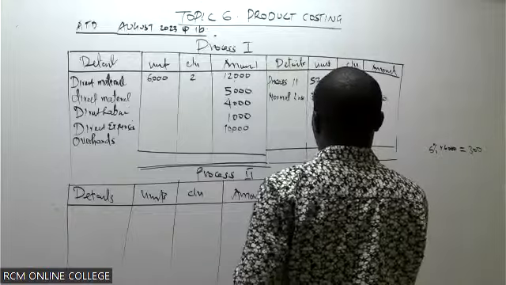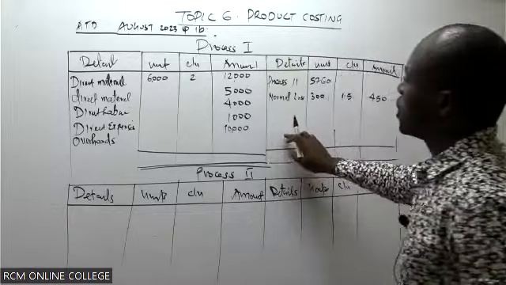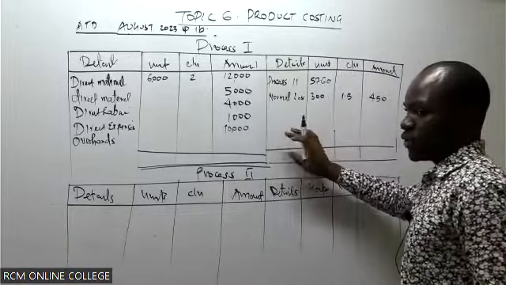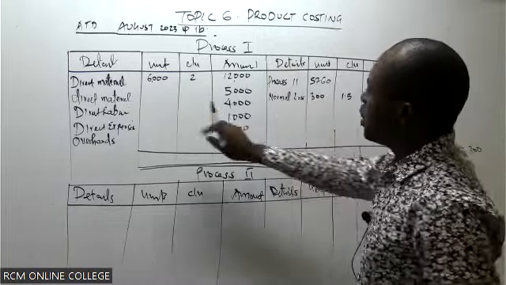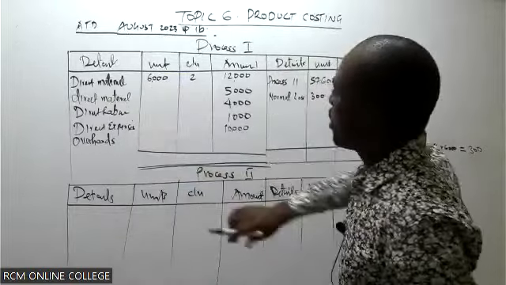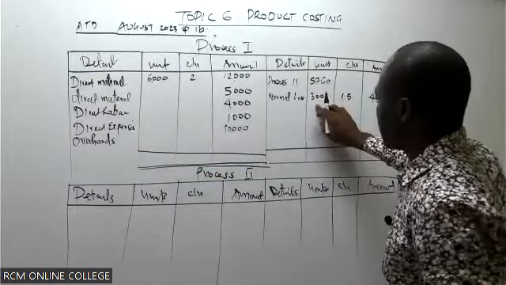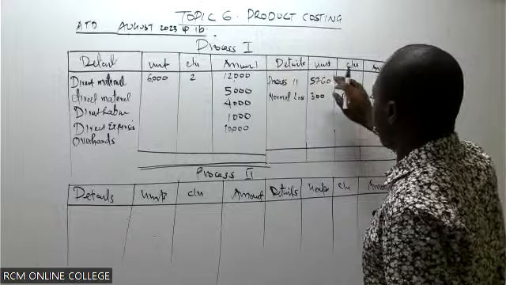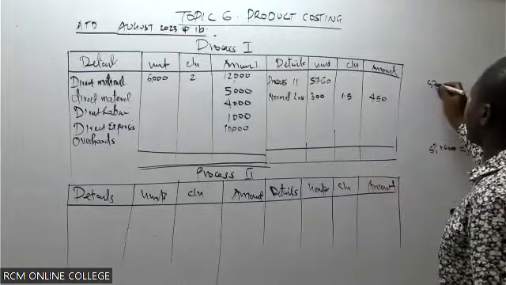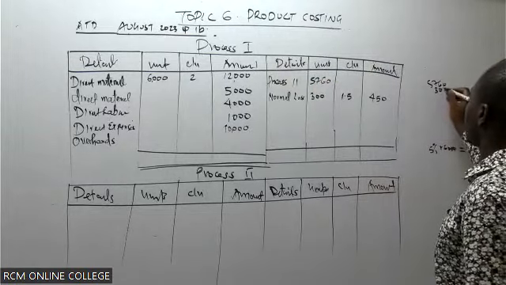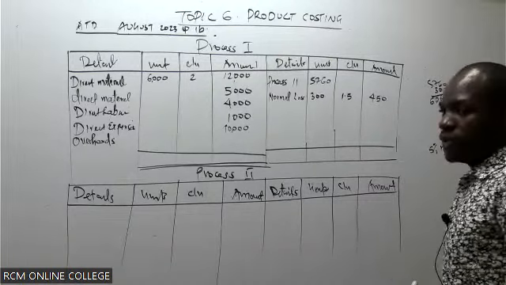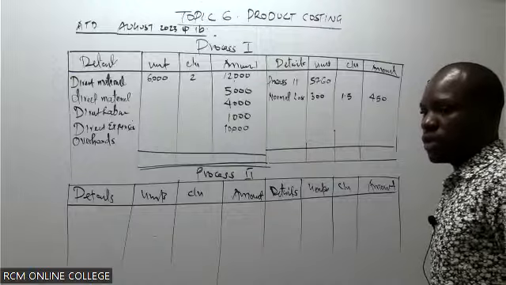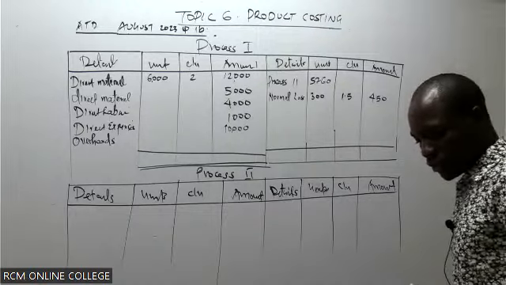As we advance, we are even going to look at the closing work in progress, but as of now, we don't have that. So I brought in 6,000 units. I'm expected to lose 300, and I've transferred 5760. So 5760 plus 300 should give me a total of 6,000.